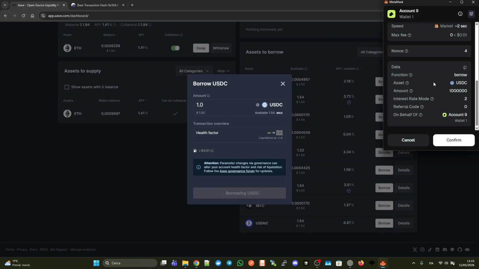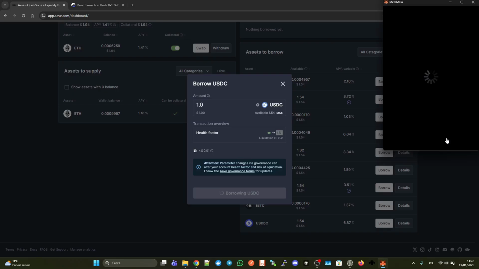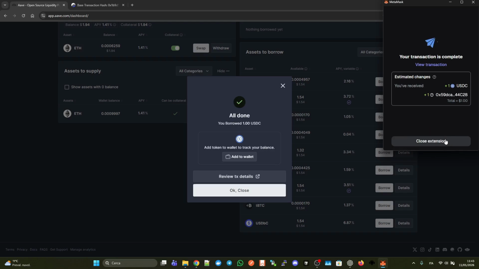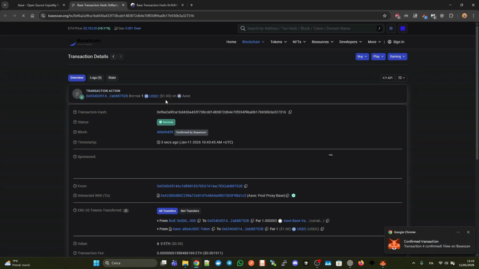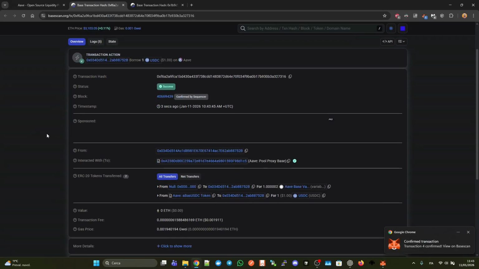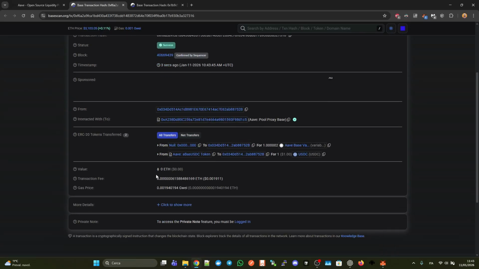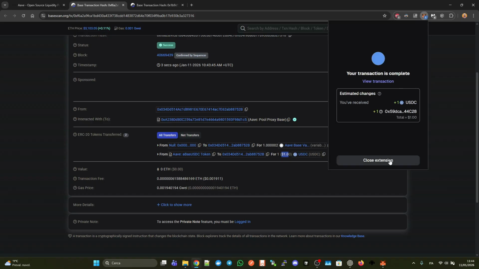Okay, we are calling the borrow function. Okay, we confirm. Okay, let's review the transaction details. So in this case, we have received $1 from the protocol. Let's check out here what we have.